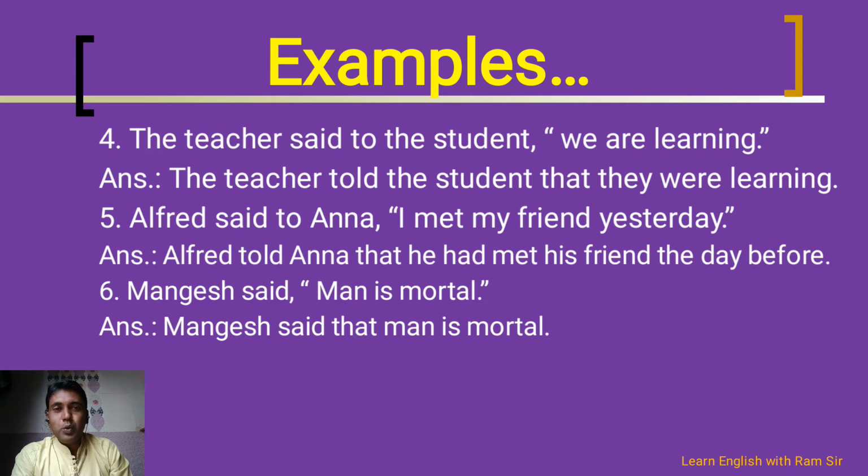So here we are going to conclude that today we had discussed about the direct to indirect of assertive sentences, and here we had discussed some basic rules and some basic changes we need to do whenever we are solving the examples of any one of the direct sentence into indirect speech or narration.